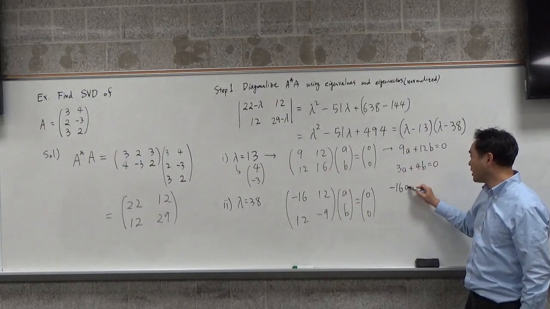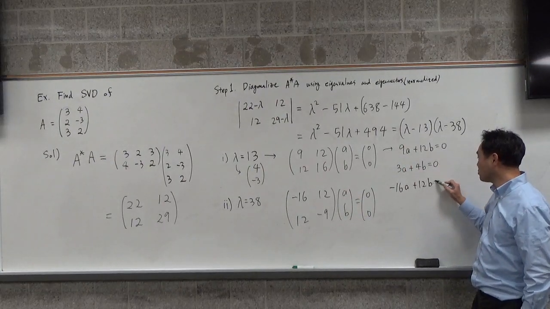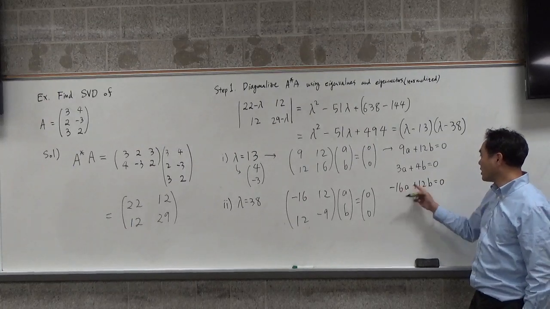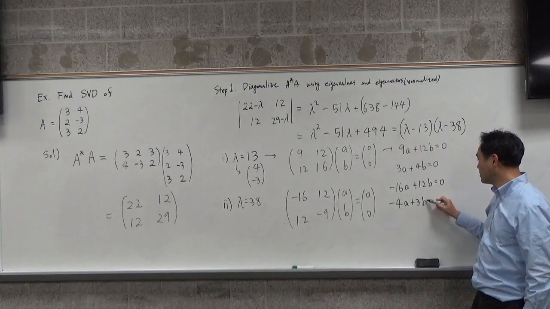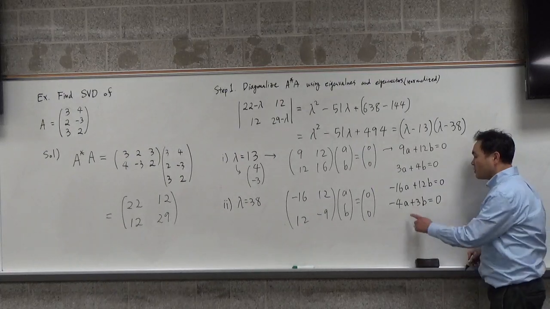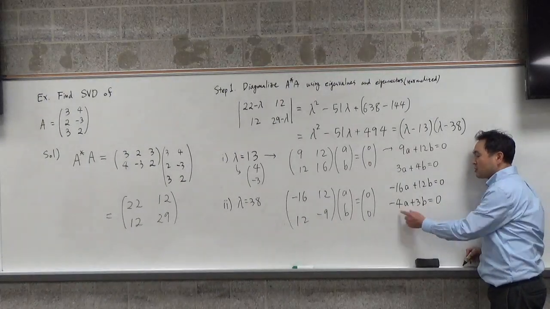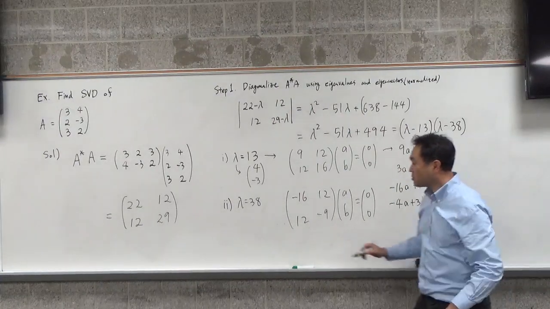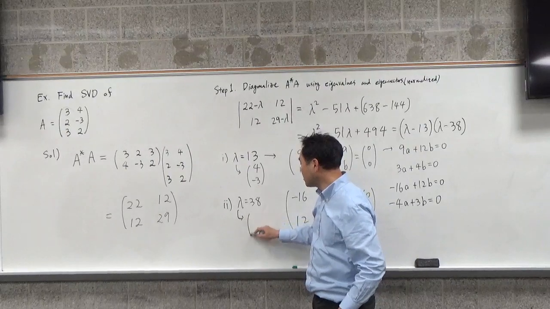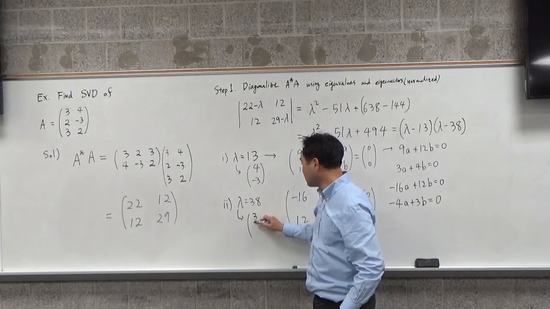Negative 16a plus 12b equals 0. You divide everything by 4. And I see that if a is 3 and b is 4, then it's negative 12 plus 12. So 3 and 4 would work. So for this one, we have the vector 3 and 4.